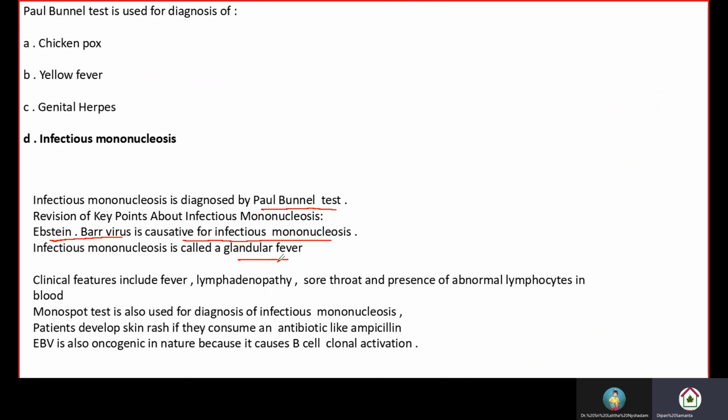It is called glandular fever. Clinical features include fever, lymphadenopathy, sore throat, and presence of abnormal lymphocytes in blood. All these are infectious mononucleosis clinical features.